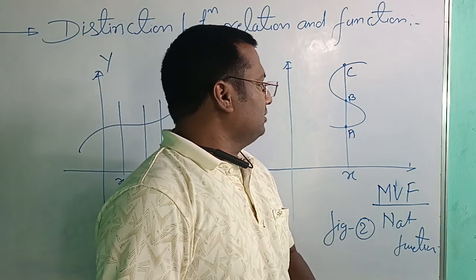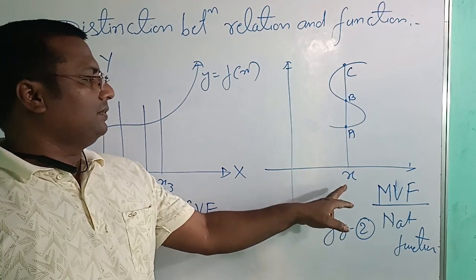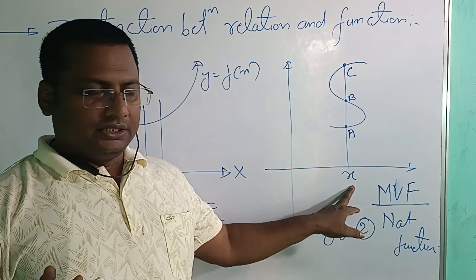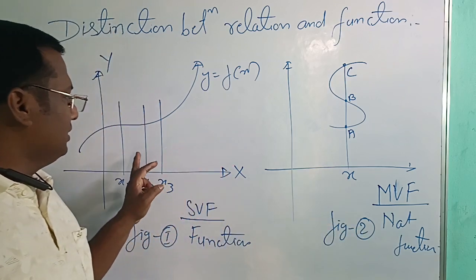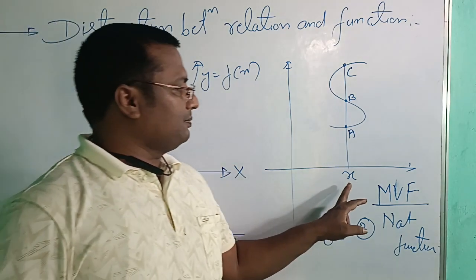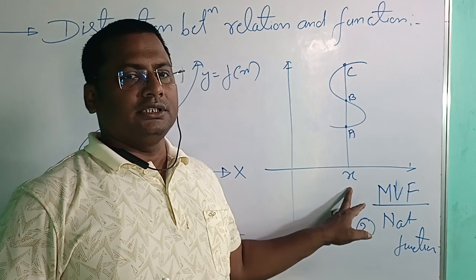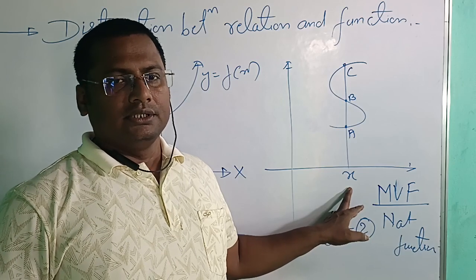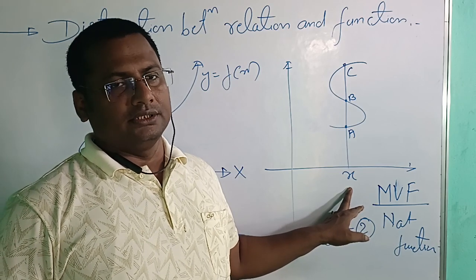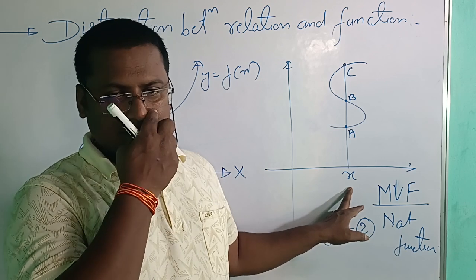So it is clear that if corresponding to each value of x there exists only one value of y, then this is a function. If corresponding to each value of x there exists more than one value of y, then that is not a function, that is a multi-valued function.